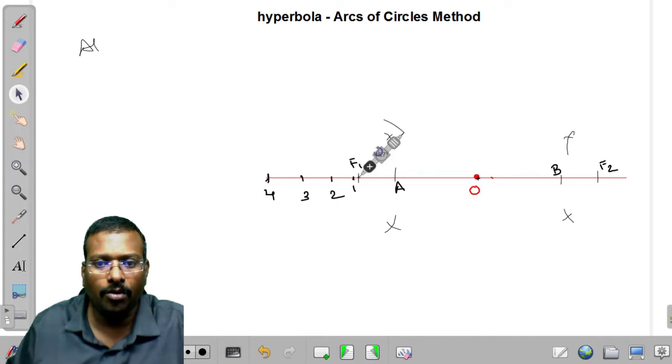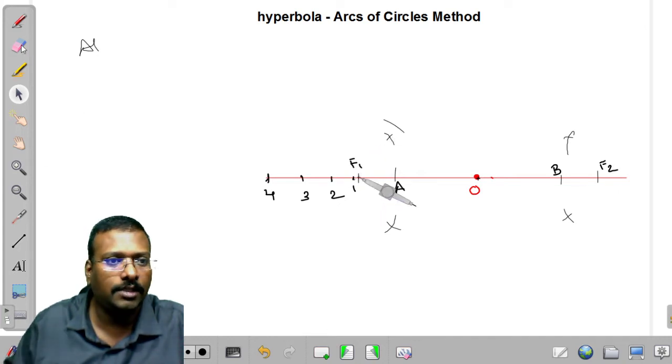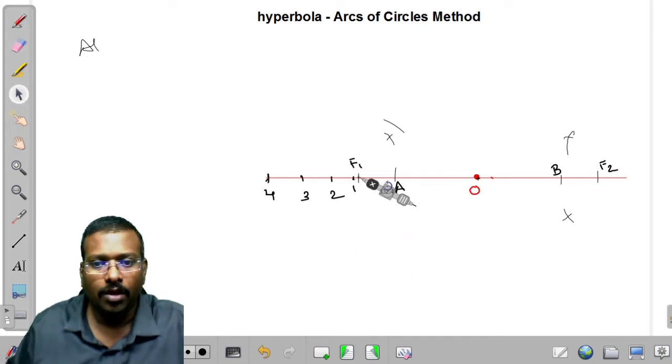Same procedure whatever we applied for the arcs of circles method there, here also the same method we are going to apply. So now F1 as center, A2 as radius, draw the arcs.